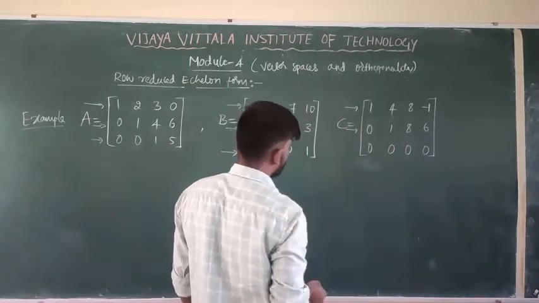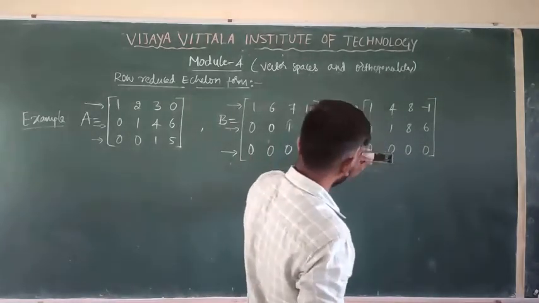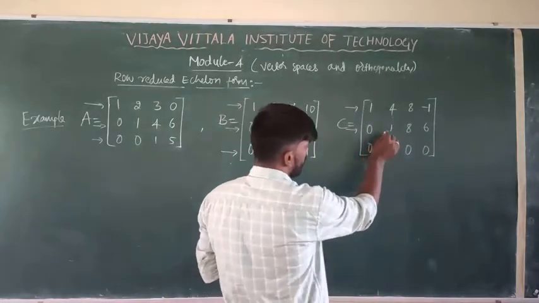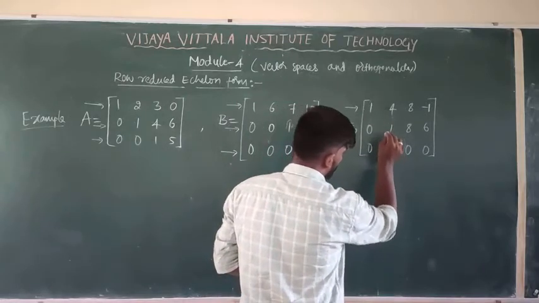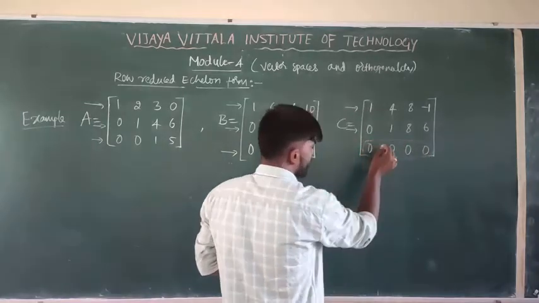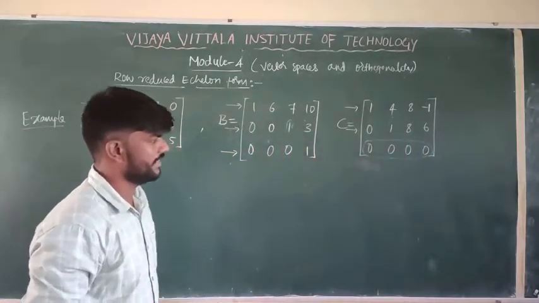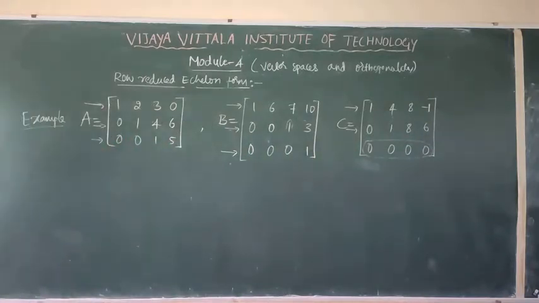The zero row lies at the bottom of the matrix, below the non-zero rows. Okay, we will solve.